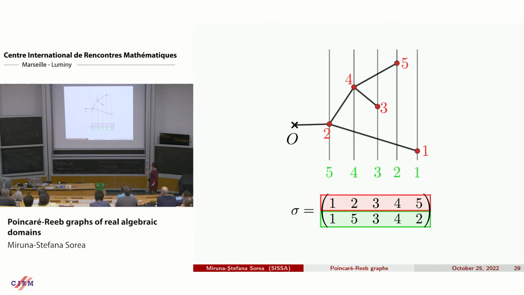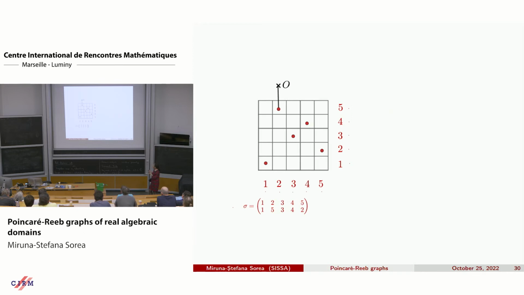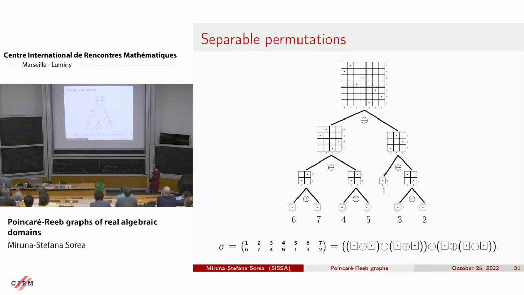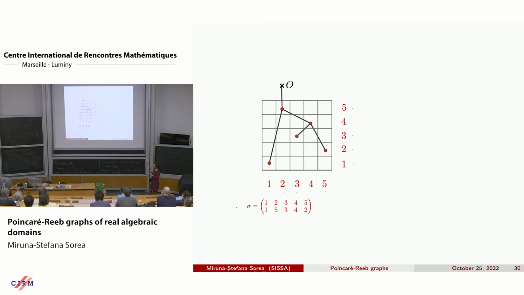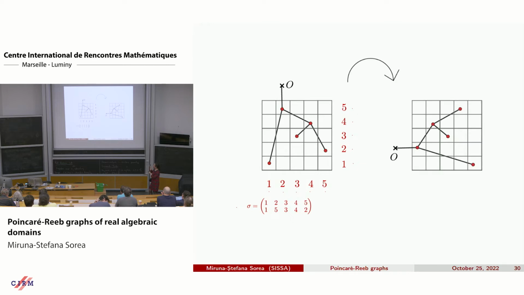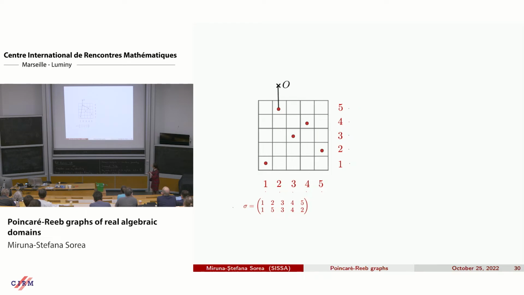And then the other way around, maybe I skip the details, but from a permutation you can also get to a tree, and then just rotate it so that it's the tree to the right of the origin, like we want. This is an algorithm, a short, simple thing.